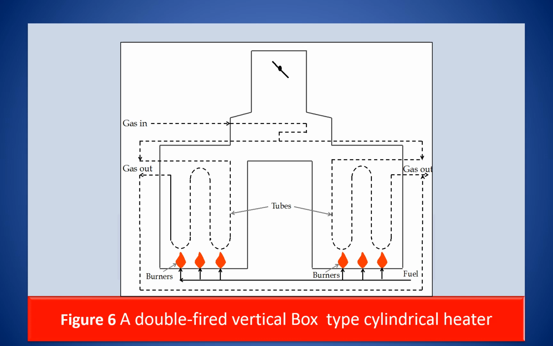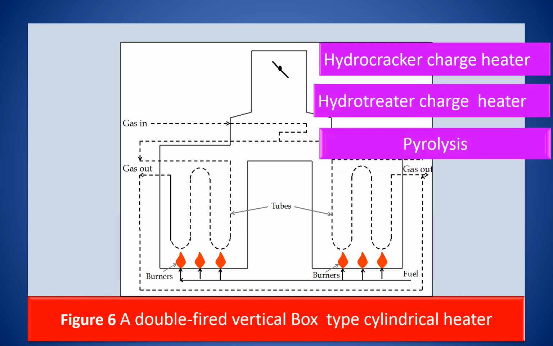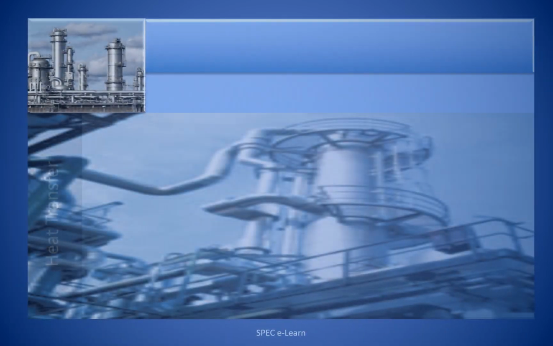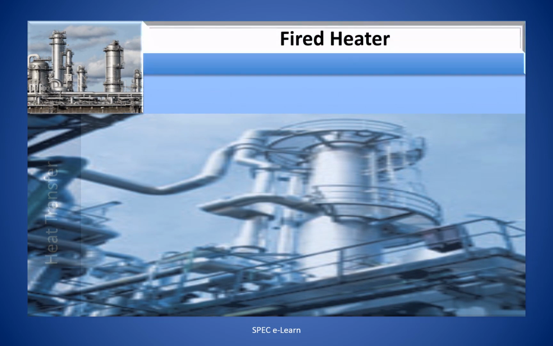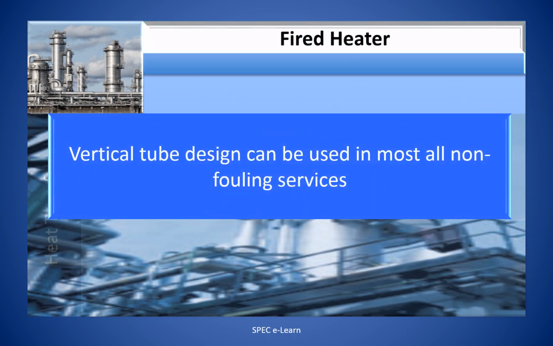This type of heater is used for applications such as hydrocracker charge heater, hydrotreater charge heater, pyrolysis, etc. The vertical tube design can be used in all non-coking services.